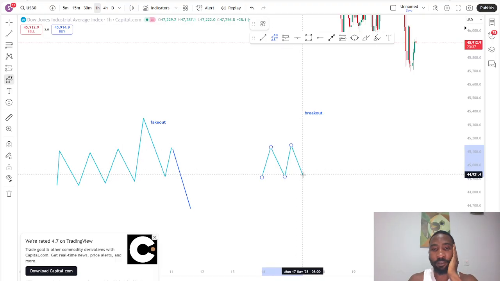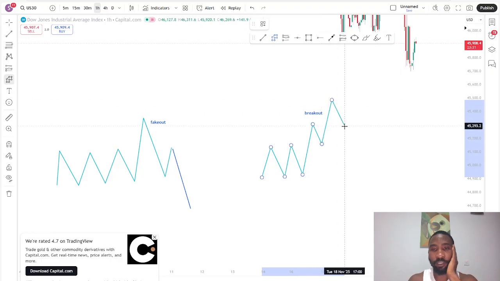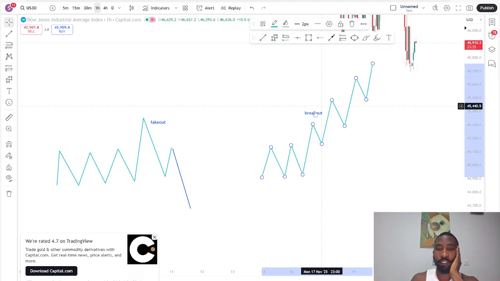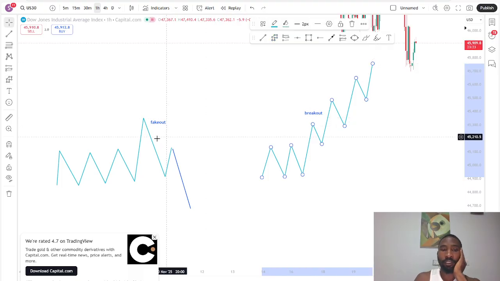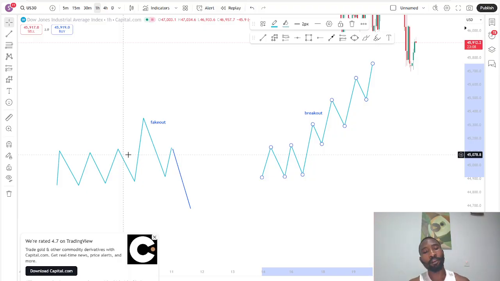This is the market consolidation. Now the market breaks, retests, then continues the trend, continues creating higher high and higher low. At this point, this is called breakout. This is called fake out because it only comes here to take sellers out. Then there are many people who will be buying here. Then it takes buyers out. This is called a liquidity grab, right? And you have to be aware of this.